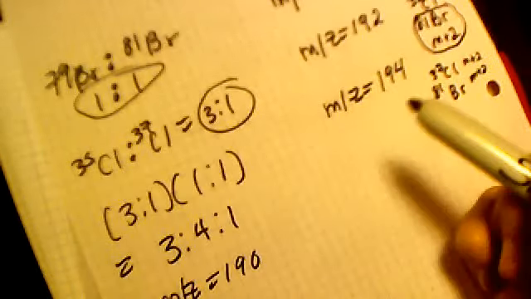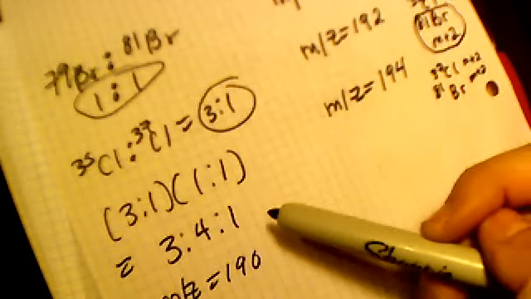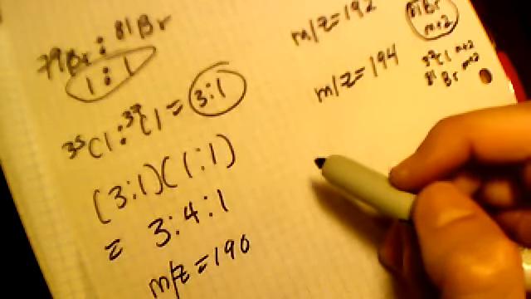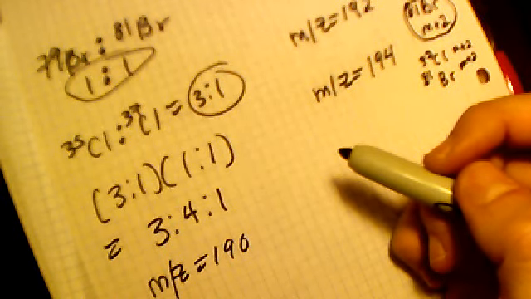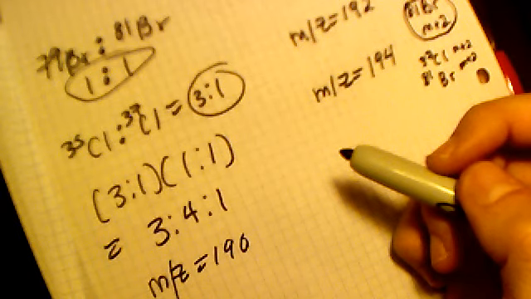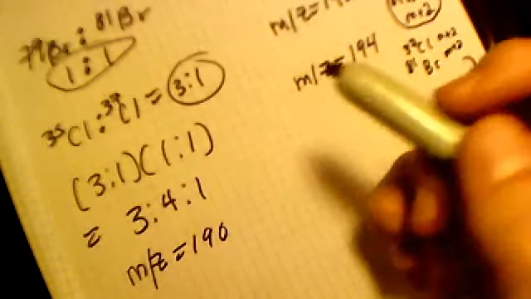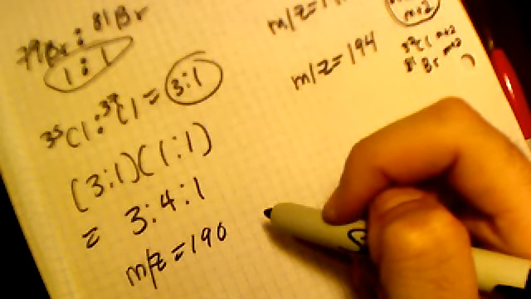So since it's 3 to 4 to 1, they say this is going to make up 7. This is what they say.